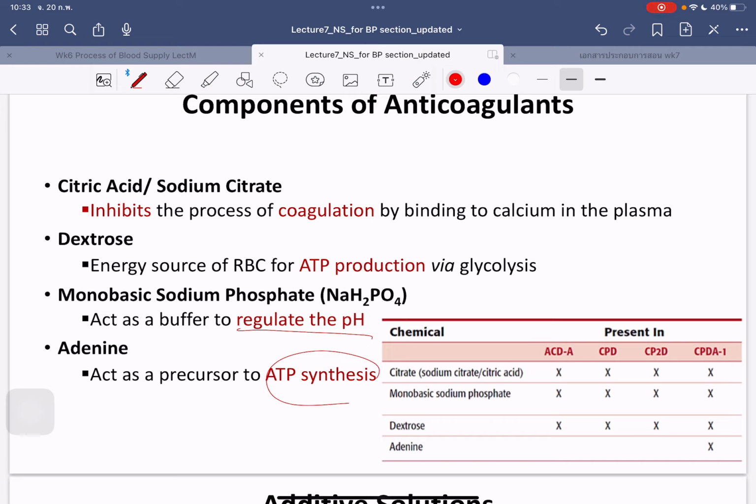And if you use only adenine, what happens? Can we use adenine instead of dextrose? What is the end product of adenine, or the end product of amino acid?